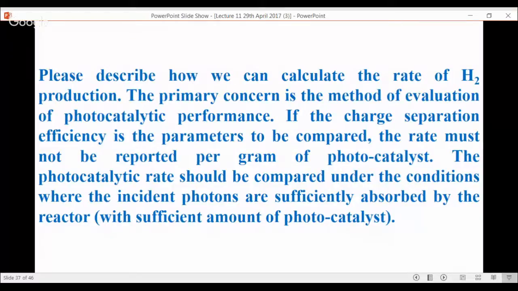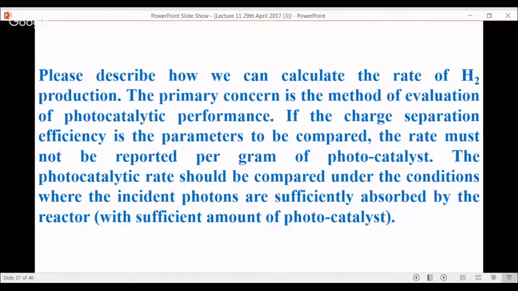That is one of the problems with this type of new area of research. First of all, there is no standard technique of reporting the data. For example, you can report the data as millimoles of hydrogen evolved per unit gram of the catalyst. This is one way. That is what she is referring to as rate.